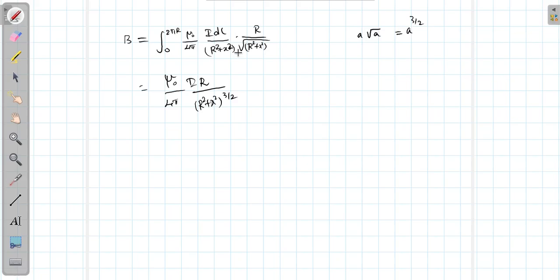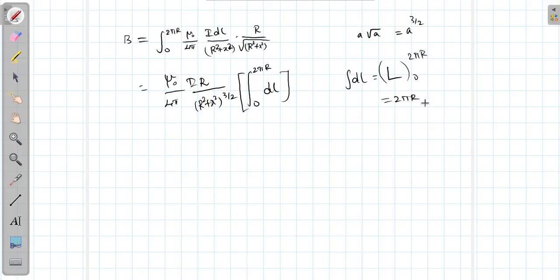Then integrate dl from 0 to 2 pi r, and you will get L, so the answer is 2 pi r.